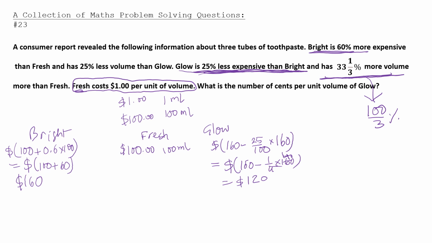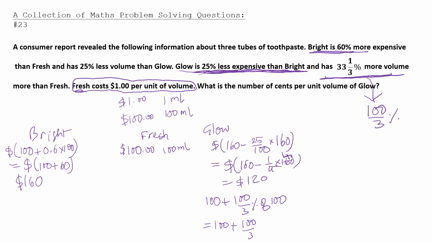It is 100 ml, so it would be 100 plus 100 out of 3% of 100. It's 33 by 3% more volume, so it's more. So that equals 100 plus 100 out of 3.